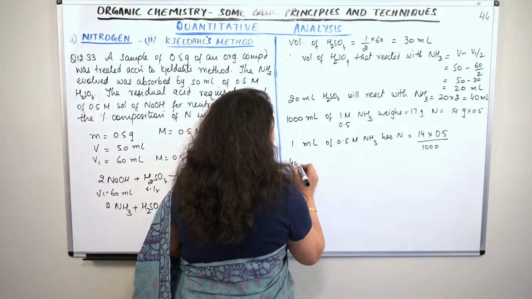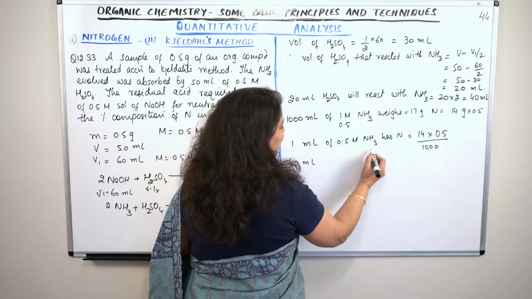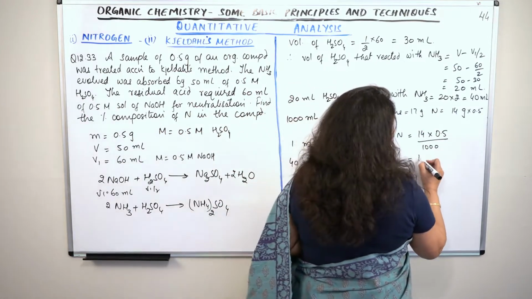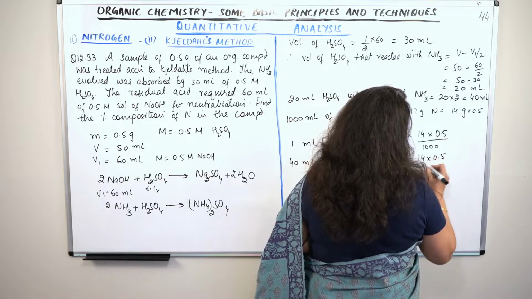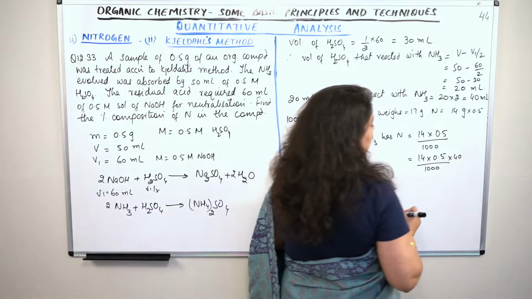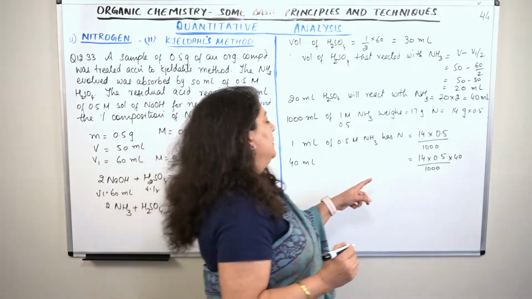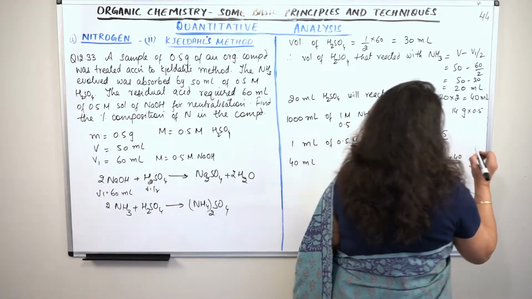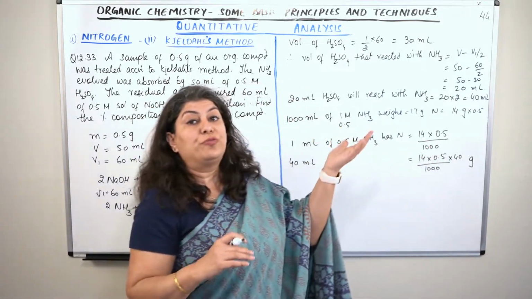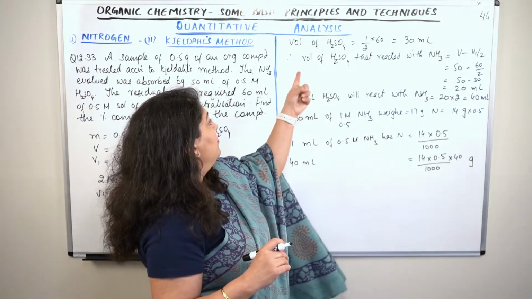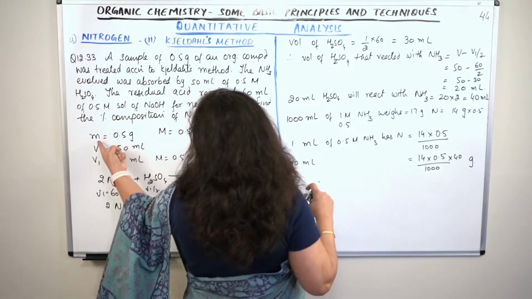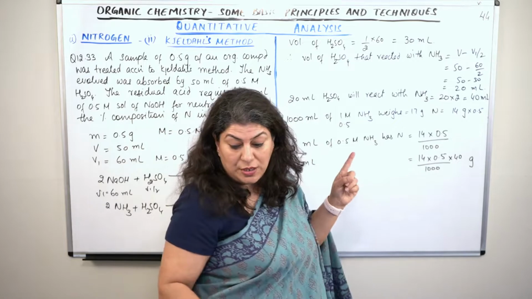Therefore 40 milliliters of 0.5 molar ammonia will have nitrogen equal to 14 into 0.5 upon 1000 into 40. This will be the mass of nitrogen. Mass of nitrogen produced by how much of the compound? What was the original mass of the compound? 0.5 grams of the compound.